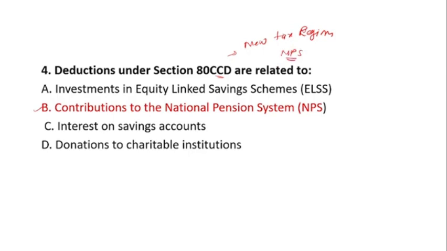So what is the maximum limit? The maximum limit is 1,50,000, and additionally, in 80CCD(1B), you will get an additional 50,000 of deduction. So the total amount is 2 lakh; up to 2 lakh you will get a deduction under section 80CCD.